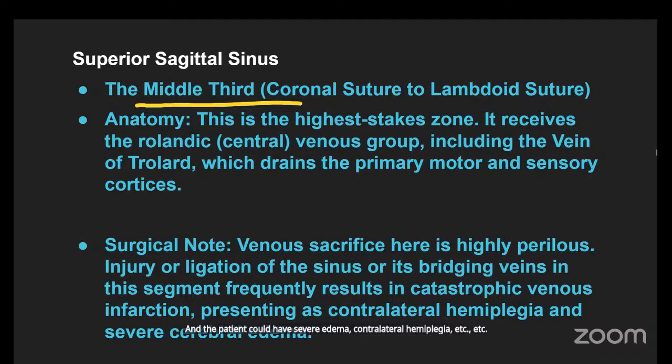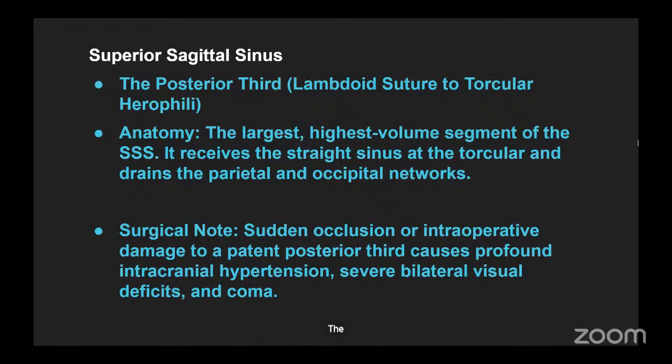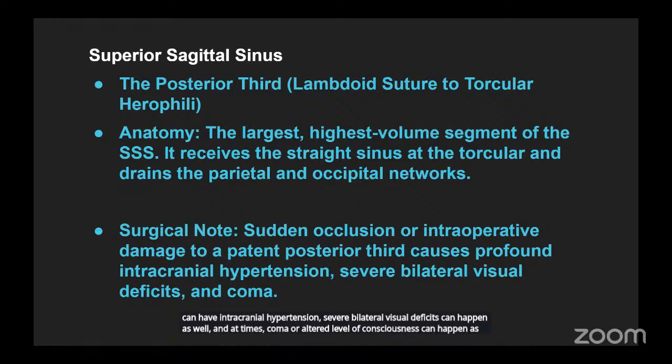And the patient could have severe edema, contralateral hemiplegia, etc. So move. The posterior third is, okay, I have not mentioned homonymous hemianopia here, but if you take away the posterior third, homonymous hemianopia is also one of the consequences. Can have intracranial hypertension, severe bilateral visual deficits can happen as well. And at times, coma or altered level of consciousness can happen as well.